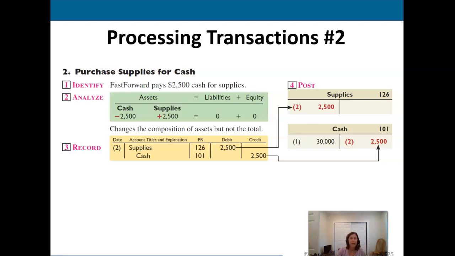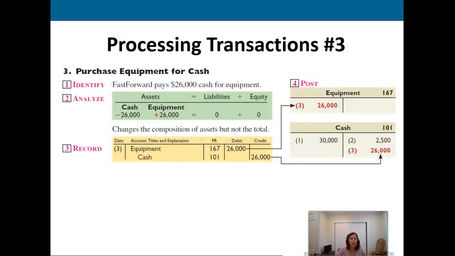Looking at our individual ledger accounts here, we see supplies as a debit. So we would say, okay, we've got a debit balance in our supplies account of $2,500. And then look at our cash. We started out with 30. That has been reduced by the credit of 2,500. And so we would say we have a debit balance in the cash account of 27,500.